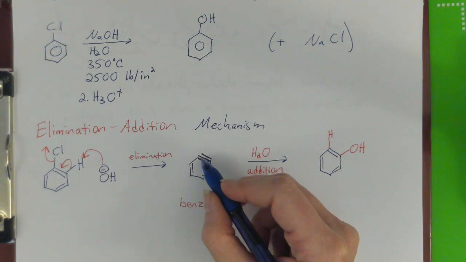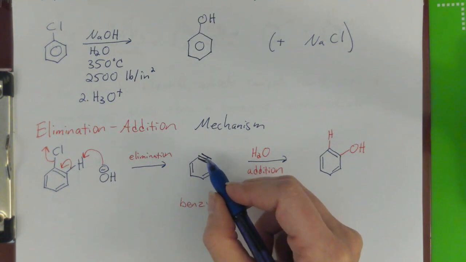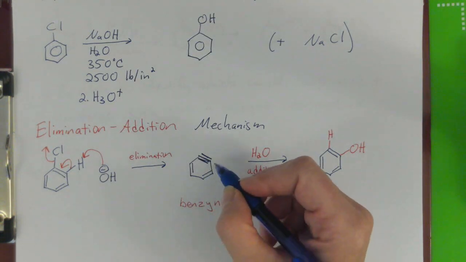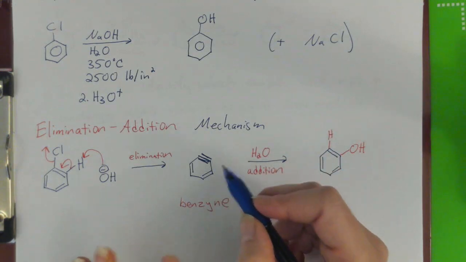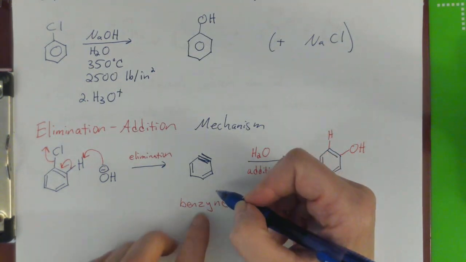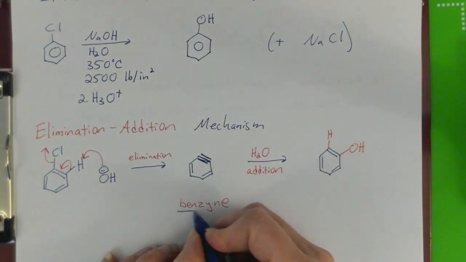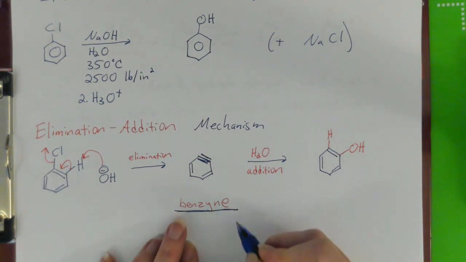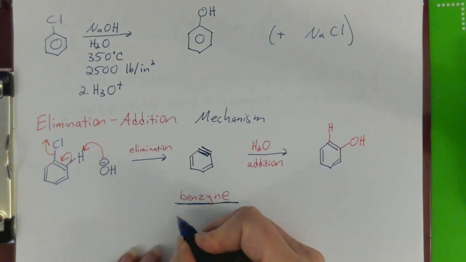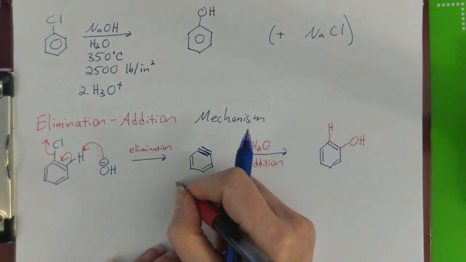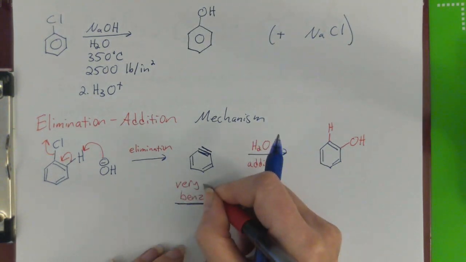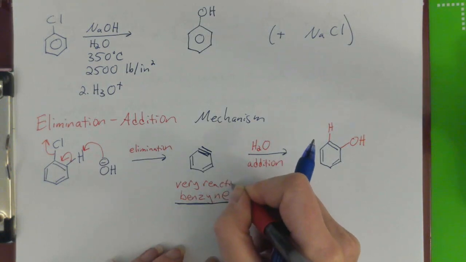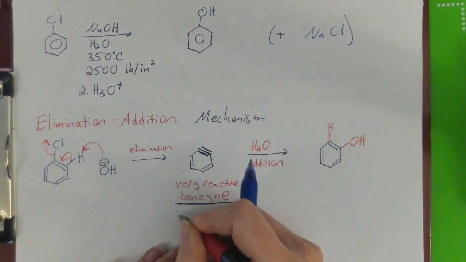So you actually have sp2 orbitals overlapping, which I know you're going to yell about also because you're like, it should be sp. But anyway, I want you to know, this is the name of this intermediate. It's called a benzyne intermediate, and it is very reactive. Why? Because it's very unstable.